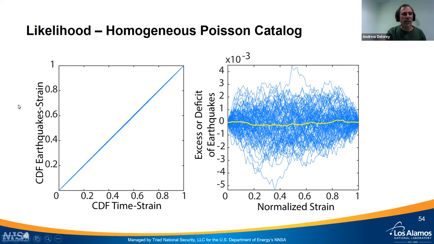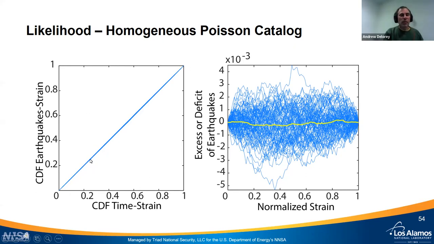And then on the vertical axis, we have a CDF of earthquakes versus strain. So if you're at 0.5, then you have half of the earthquakes happening on the lower half, below the median strain, and half above the median strain. And if I plot these against each other, if there's no relationship between earthquakes and strain, then we expect a straight line between 0,0 and 1,1.